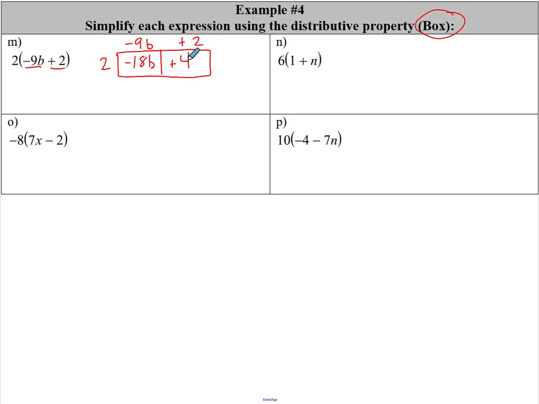Positive 4. And then you can rewrite this out for your solution. These parts in the boxes will be our solution. And remember, the order does not matter, as long as those signs stay the same, because that would be our commutative property. So you could have a positive 4 minus an 18b. This would be the same thing.